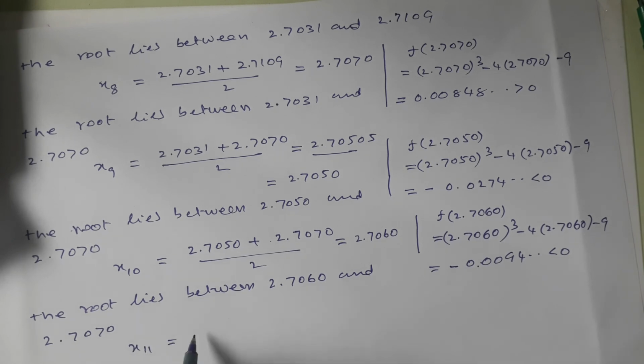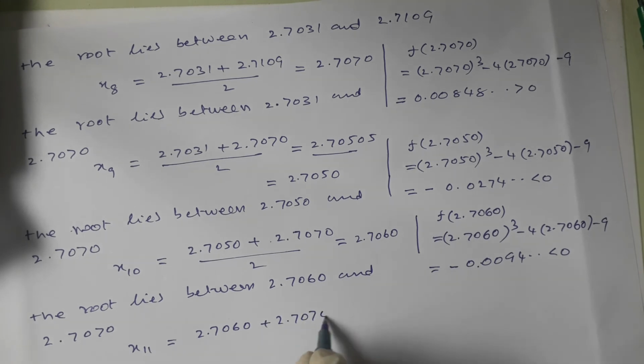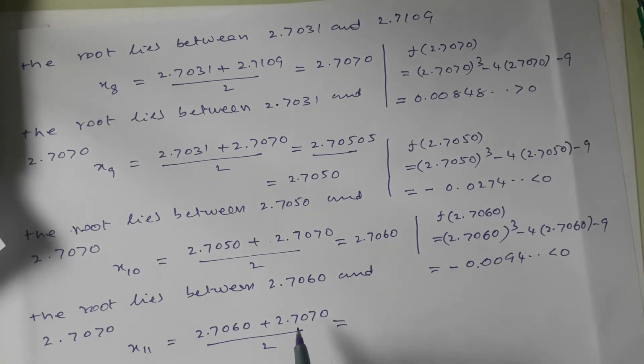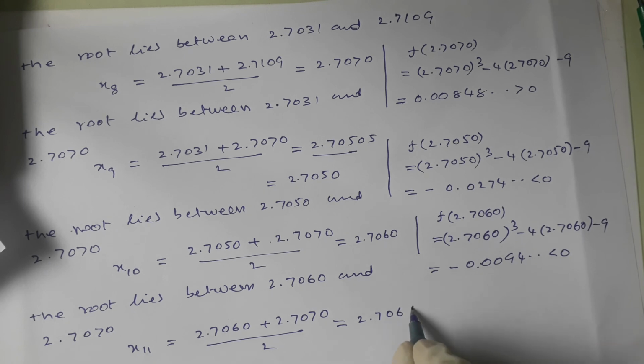x11 is equal to 2.7060 plus 2.7070 divided by 2 is equal to 2.7065.